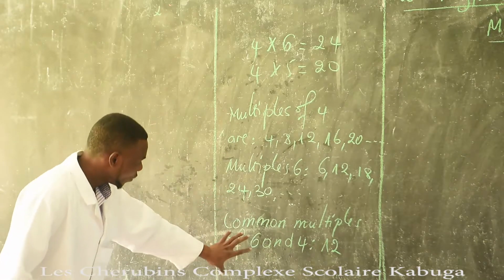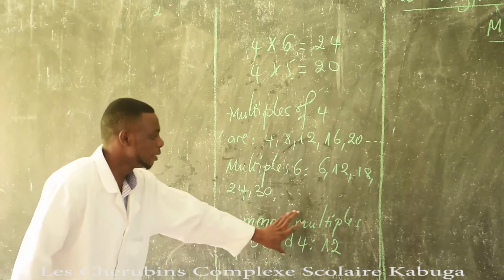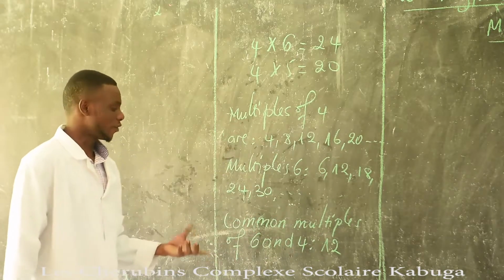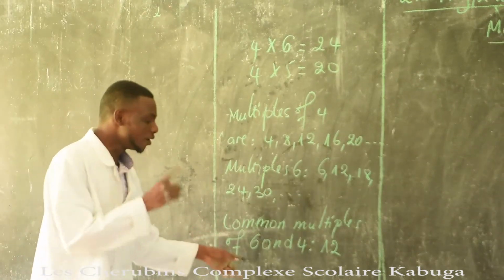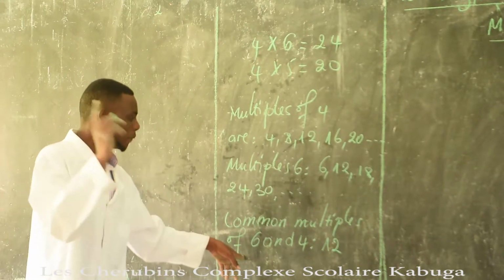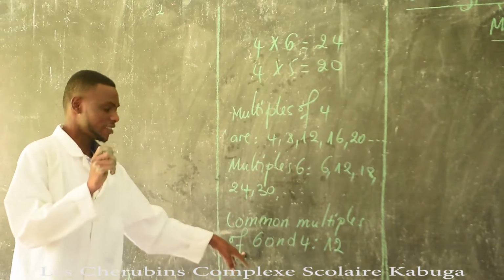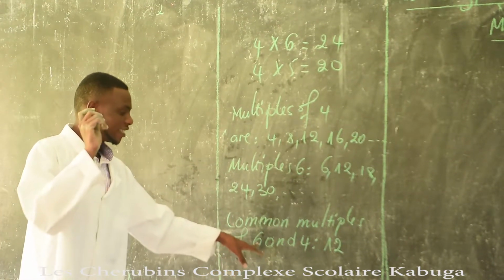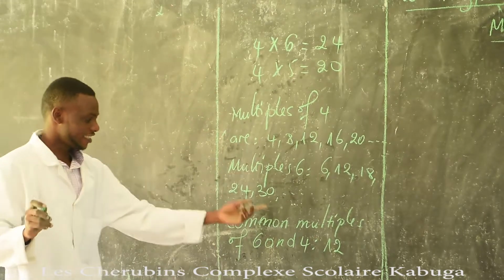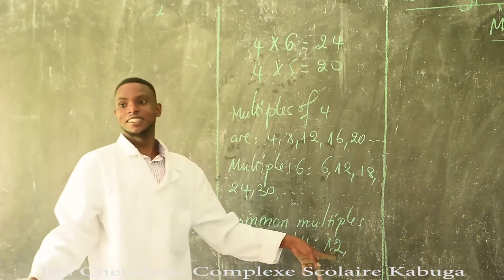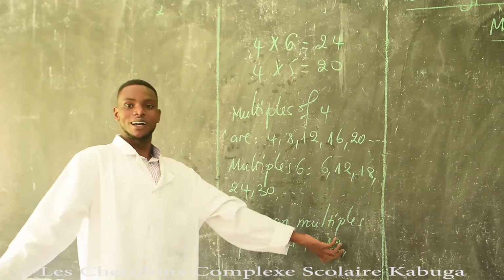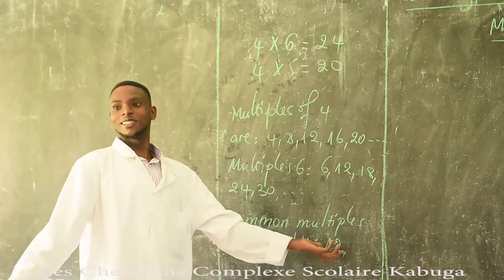So anyway, within these common multiples of 6 and 4, who can tell me the smallest common multiple, the lowest? As it is clear here, we have already seen one common multiple, and it is the smallest.